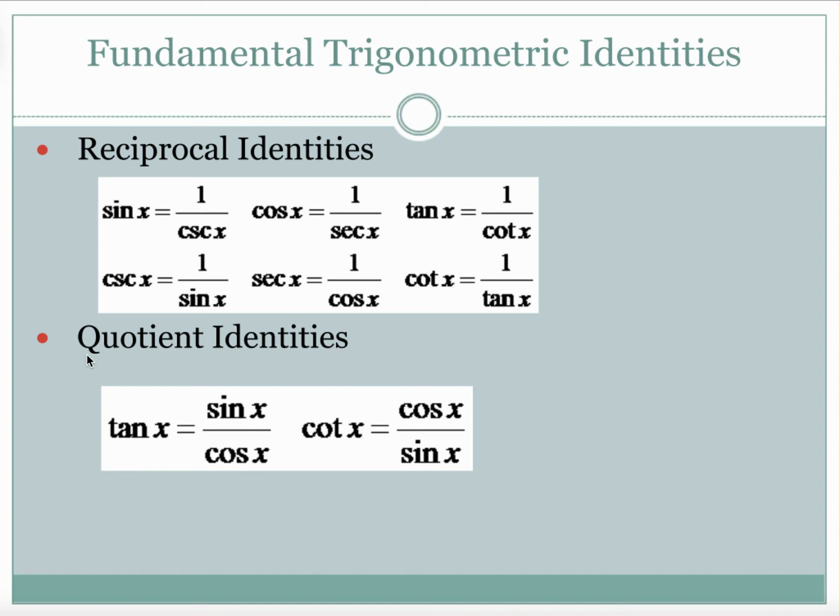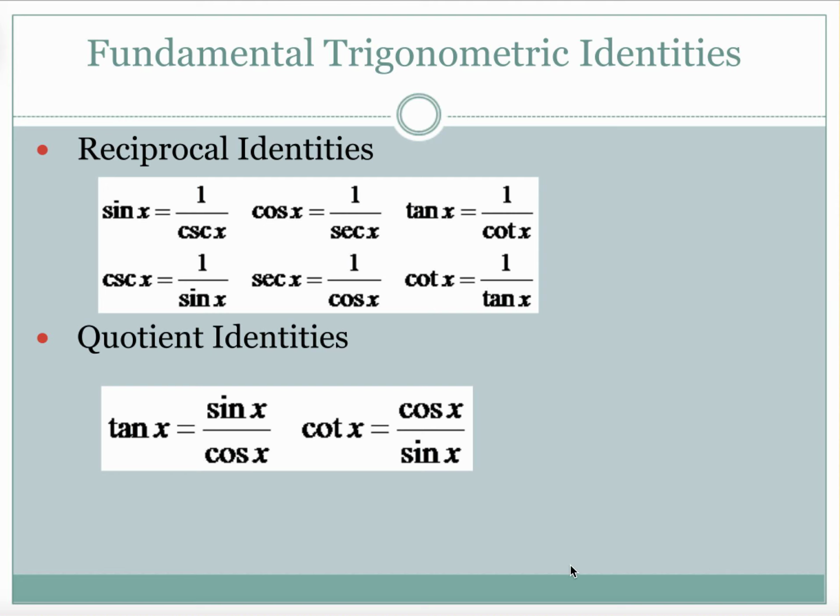Next, we have the quotient identities. The quotient identities are for tangent and cotangent, because tangent and cotangent can also be written as a fraction that divides sine and cosine. So tangent is our sine value divided by our cosine value, and cotangent is our cosine value divided by our sine value.